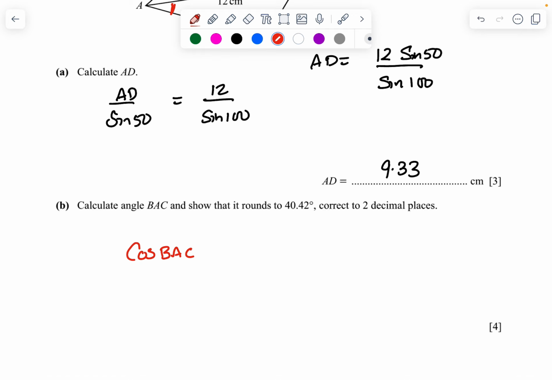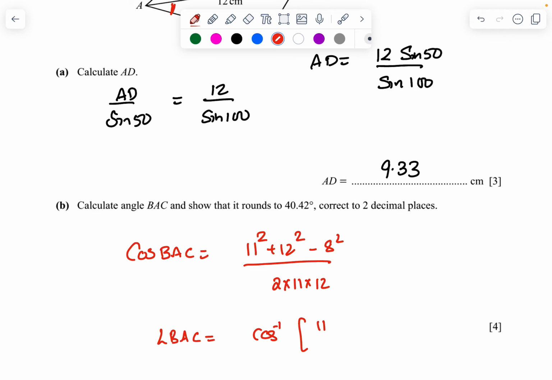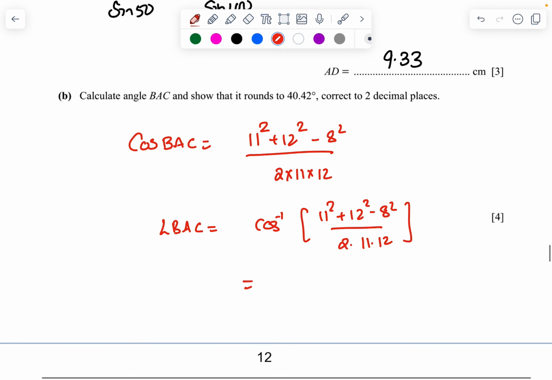Cosine BAC equals (11 square plus 12 square minus 8 square) by 2 times 11 times 12. Then angle BAC equals cos inverse of this entire thing. That gives 40.415, which is rounded off to 40.42.